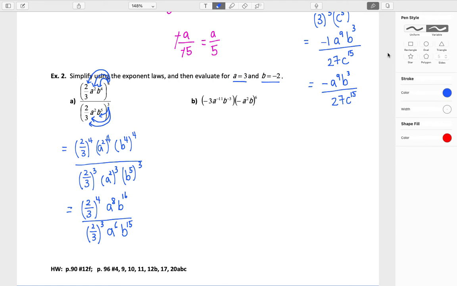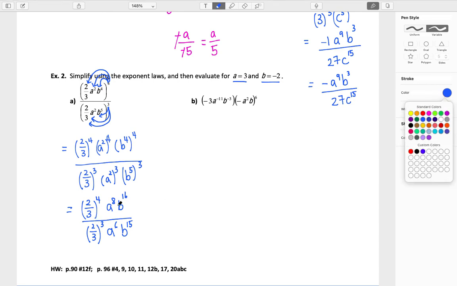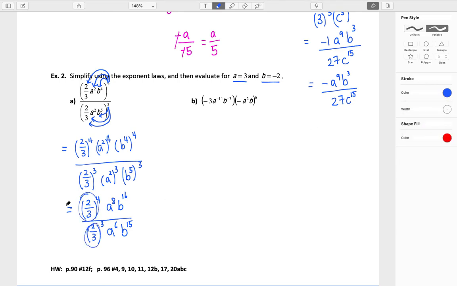Now I am going to apply the exponent law. When we're dividing, we subtract the exponents. In this case, we have the same base of 2 over 3. So because we're dividing, I'm subtracting the exponents: 4 minus 3 is 1. a to the 2, since 8 minus 6 is 2. And then b to the 1.